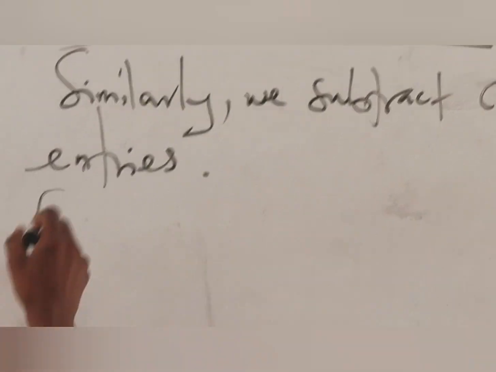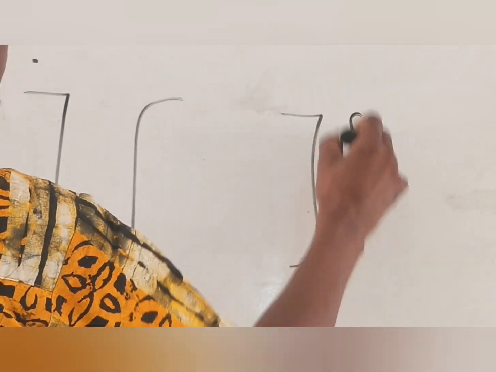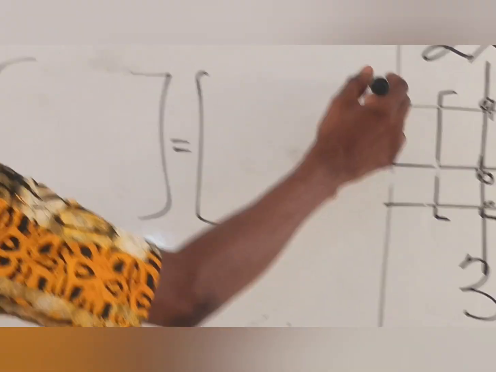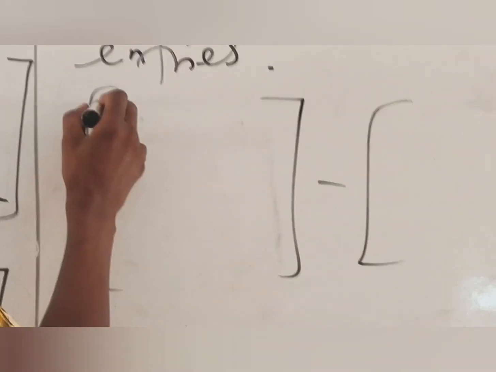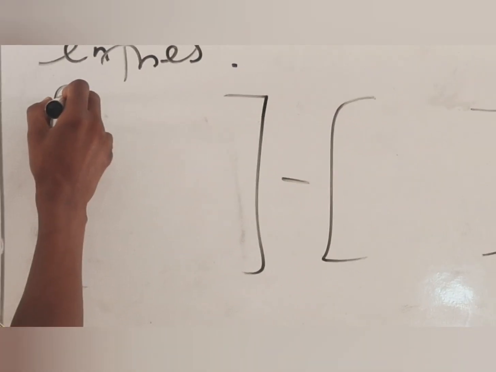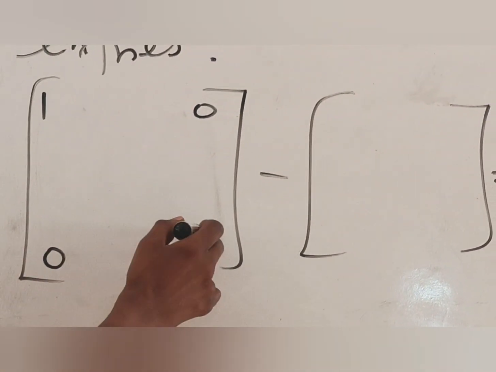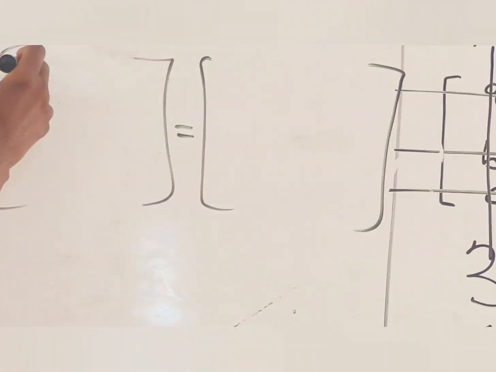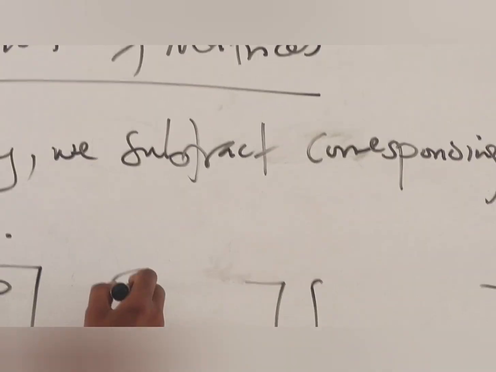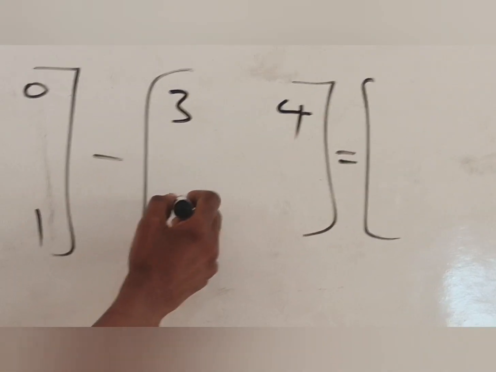If we pick an example, someone should give us a 2 by 2 matrix. 1, 0, 0, 1. Someone should give us another one. Diana, give us 3, 4, 4, 3.